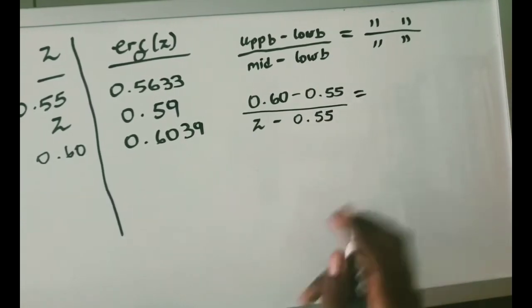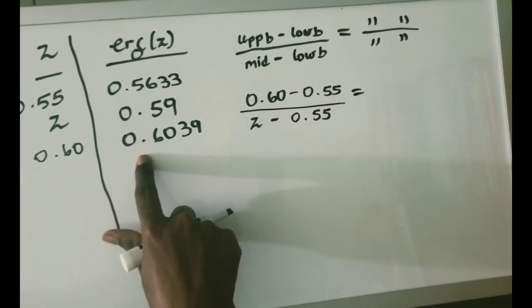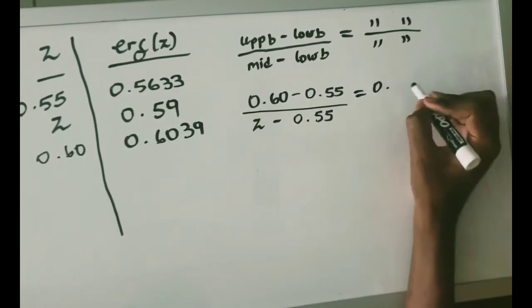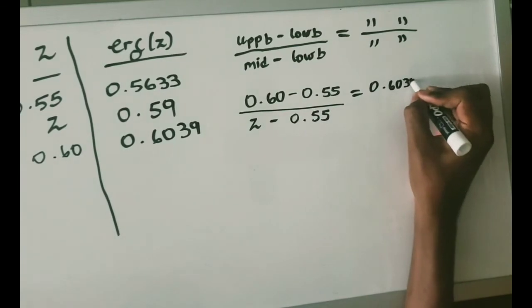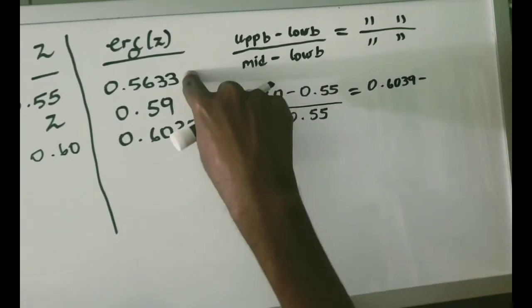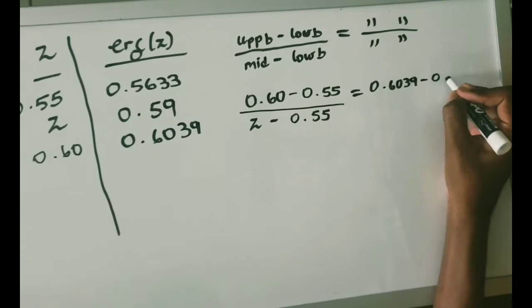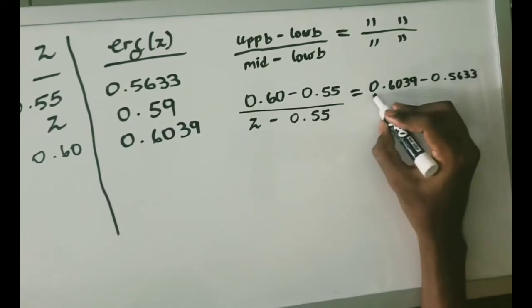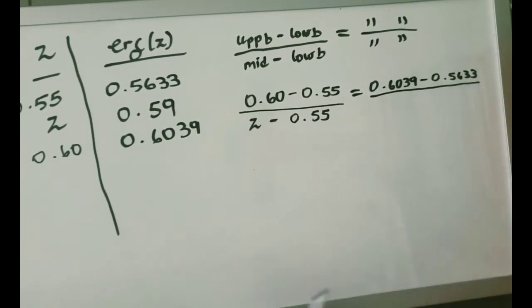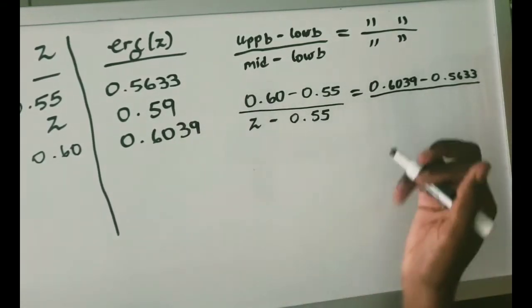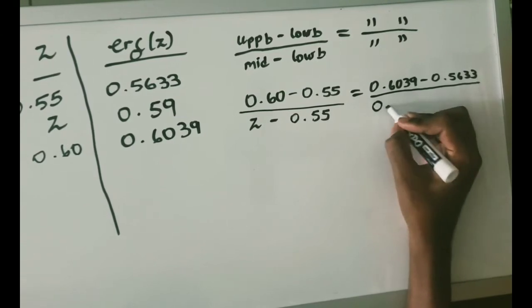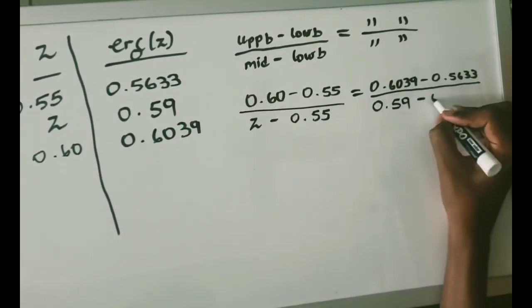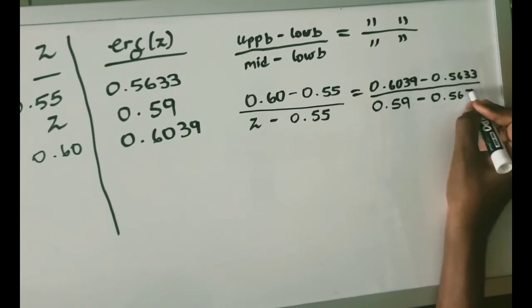Then this is going to be equal to upper boundary 0.6039 minus lower boundary 0.5633, over middle value 0.59 minus lower boundary 0.5633.